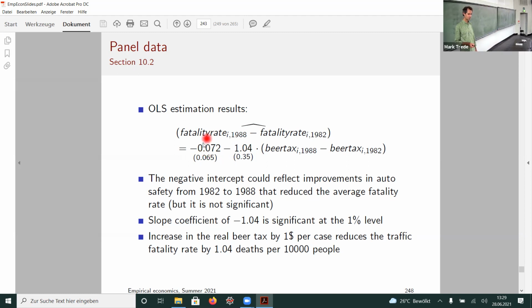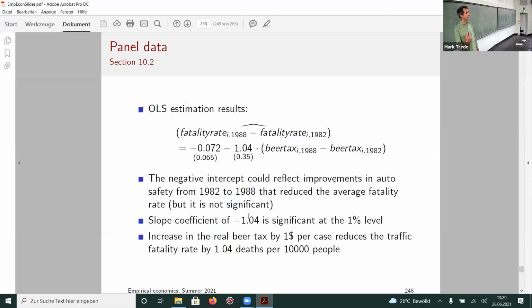Okay, so, well, the authors give an interpretation of the negative intercept here, but I don't think that's really convincing, because this is not at all significant. So I think we better skip that.